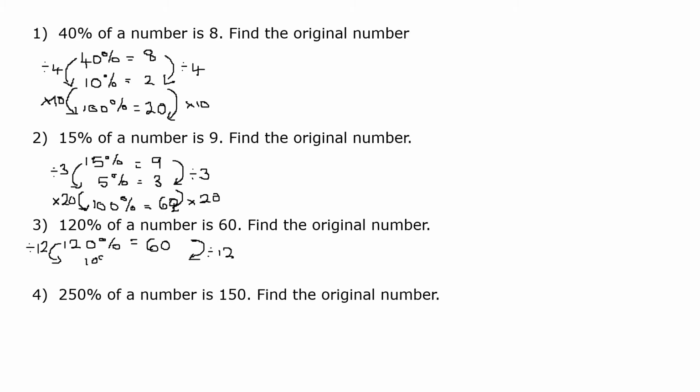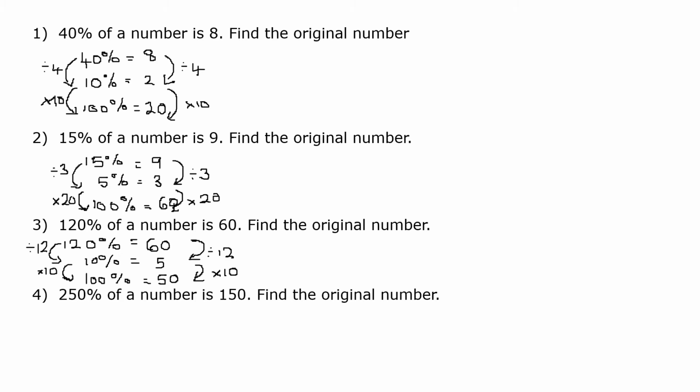So 10% is equal to 60 divided by 12, which is 5. Now I'm going to scale up to 100%, so I'm going to multiply both sides by 10. So 10% times 10 will give us 100%, and 5 times 10 will give us 50. So our original number is 50.